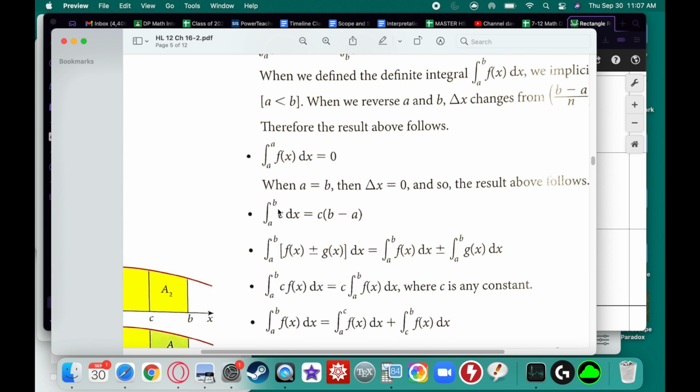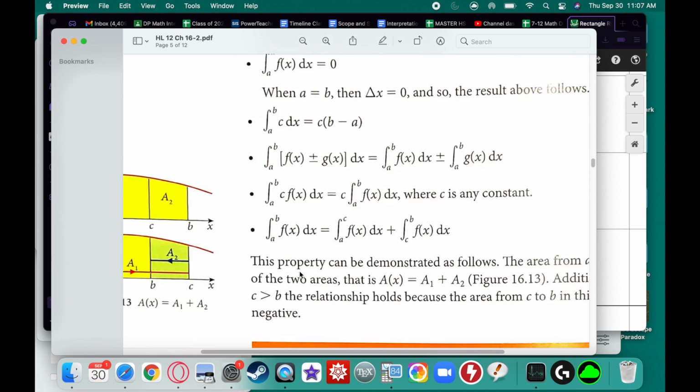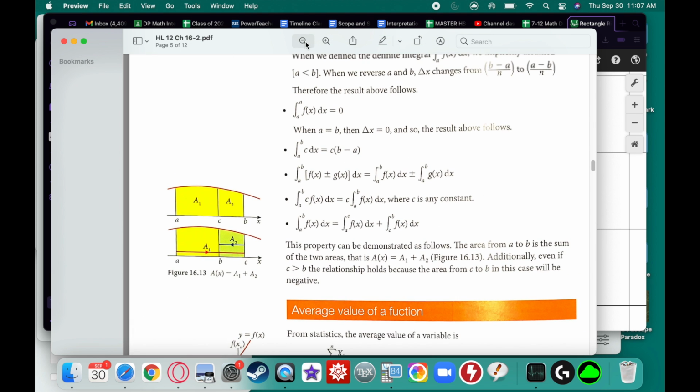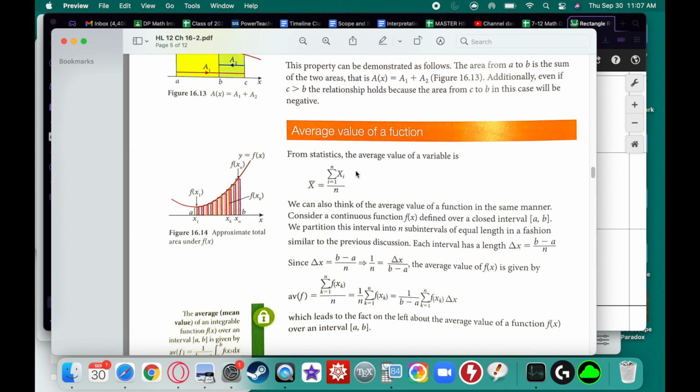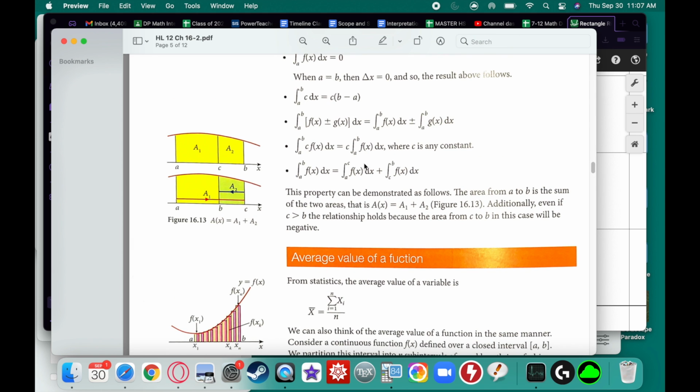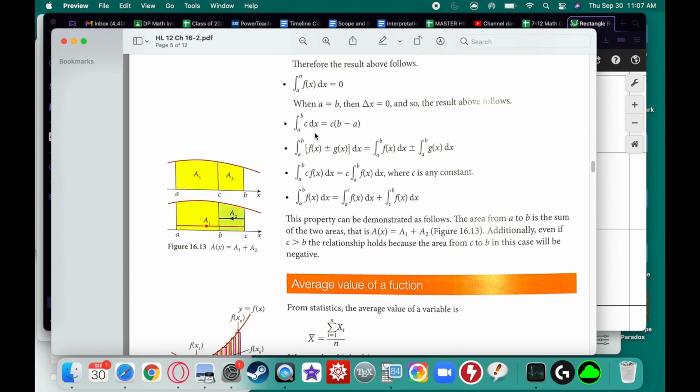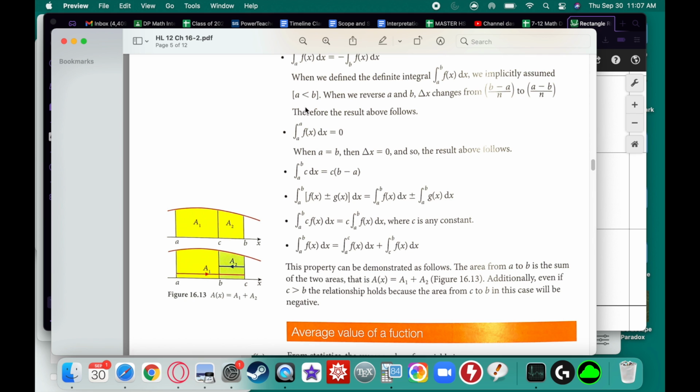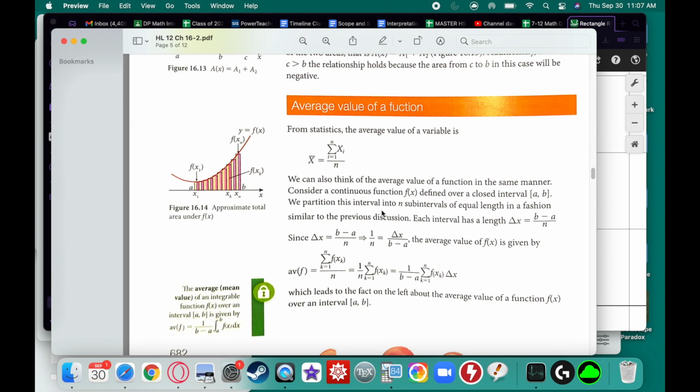Now, with definite integrals, what you do is you evaluate the integral at b, and then you subtract the evaluated integral at a. In fact, none of this is going to make any sense until we get to the next section. But anyway, that's the basic idea of an integral. There's a few basic properties here, and we're going to go over this in way more detail when we actually hit an example.